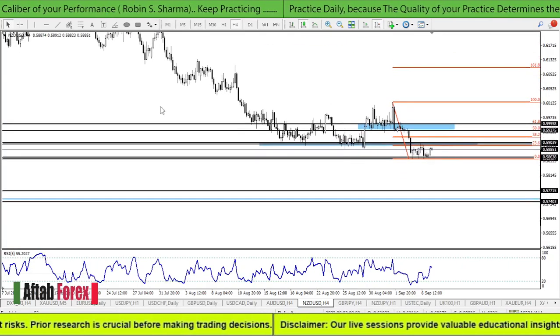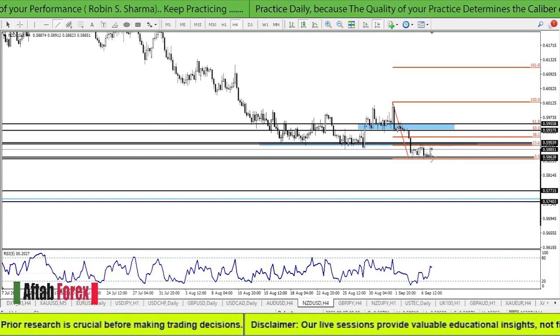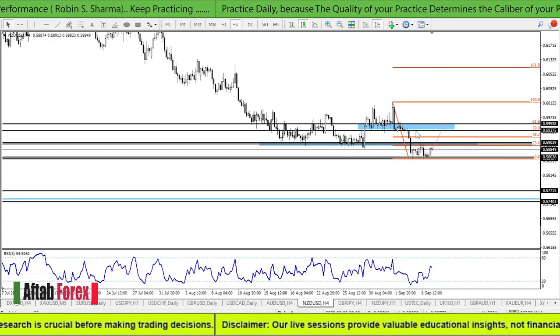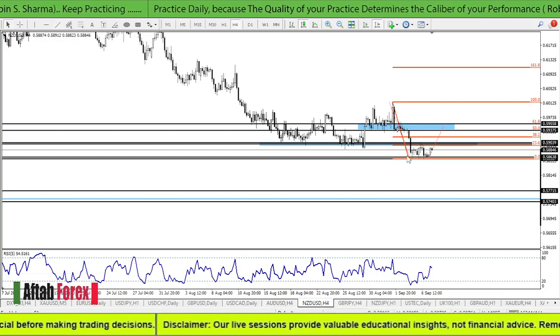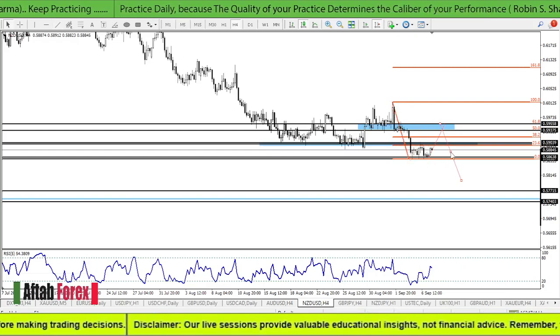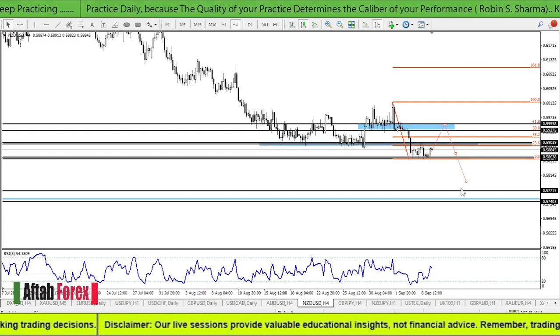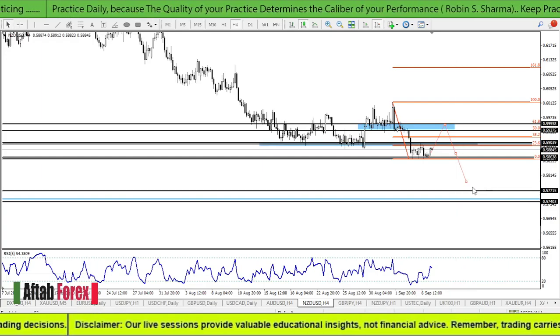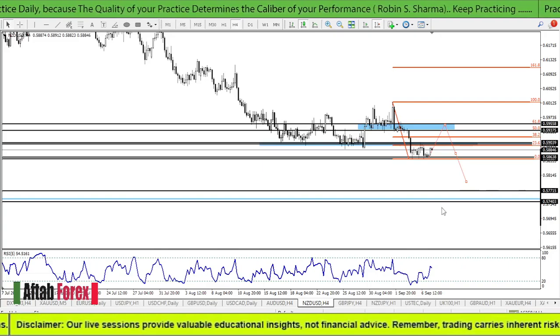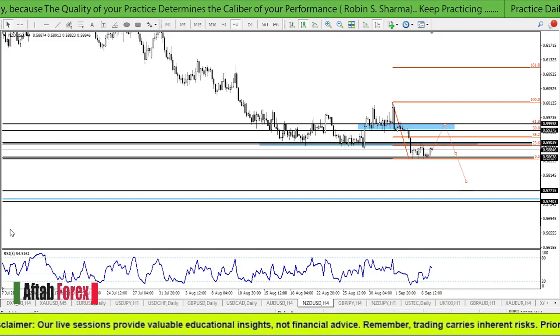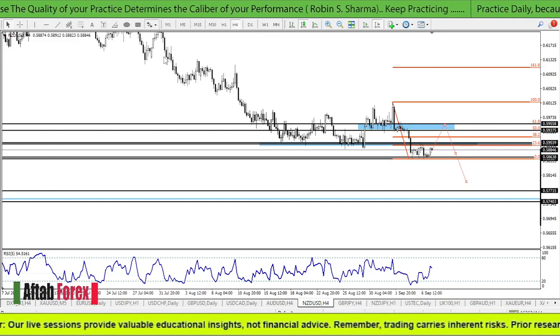See, very nice. Let's say if it bounces off from right here, we may most likely see a very nice drop towards this zone, which obviously indicates 0.57715, and this is going to be a very nice trade opportunity if it happens.